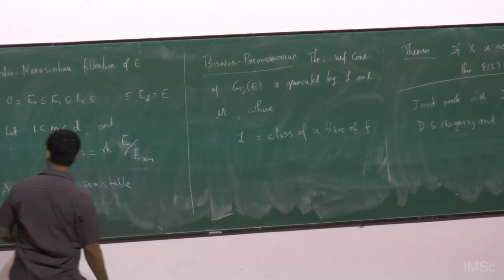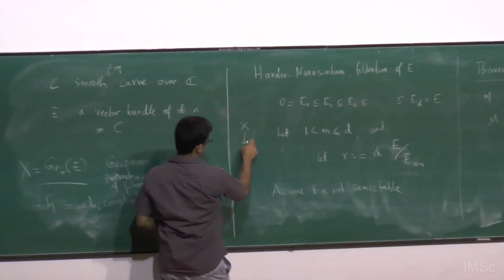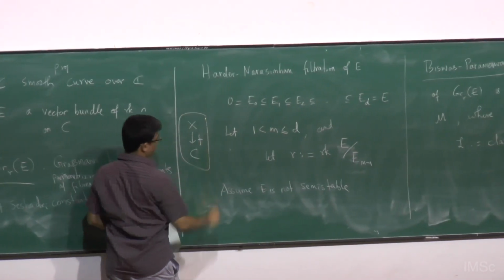So f is, let's say we have X to C, that's the morphism.